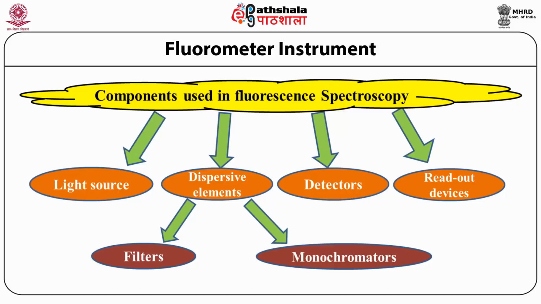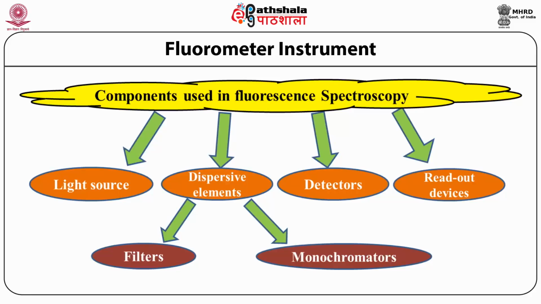The typical fluorometer instruments include the basic items of a source of light, a specimen chamber with integrated optical components and sample holder, and also contain a high sensitivity detector. First, let us see about the light sources. The first component of the fluorescence spectroscopy is a light source.